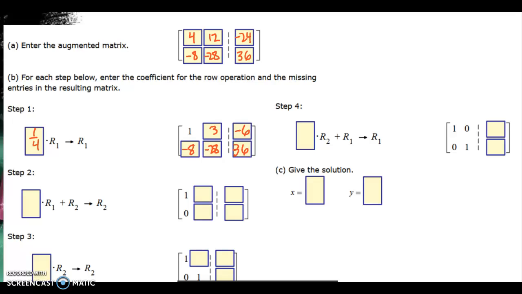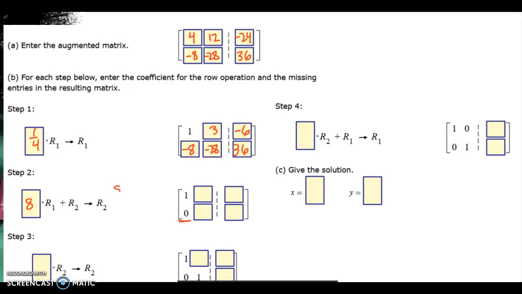Step 2 is to take something times row 1 and add row 2 to replace with row 2 so that we get a 0 below the 1. How do I get 0 or eliminate that x? I take 8 times row 1 and add row 2.